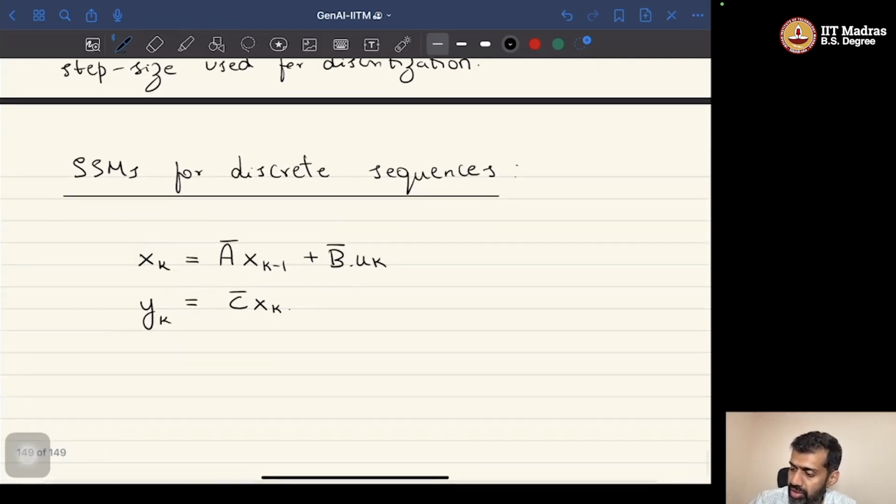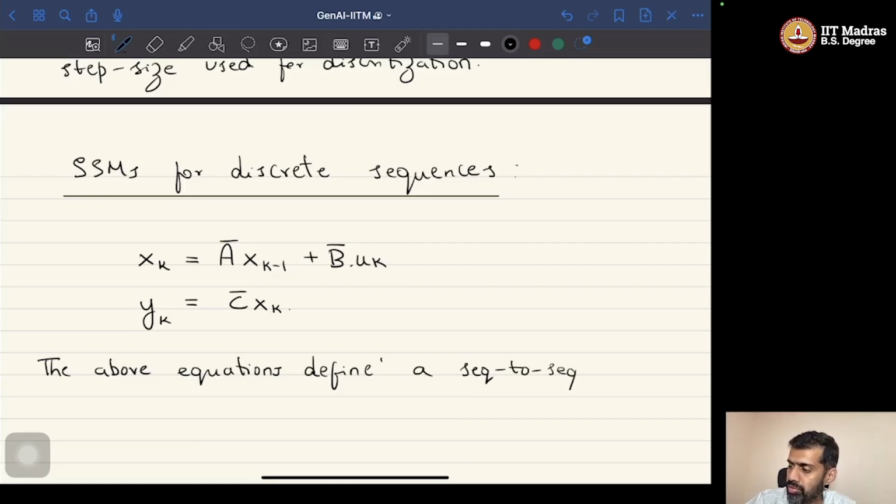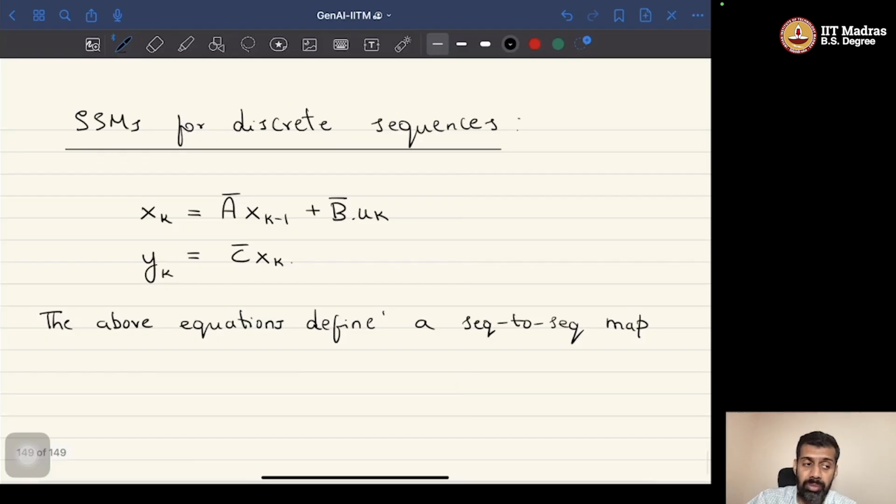The above equations define a sequence to sequence map instead of a function to function map. In the continuous time state space models, what we had was a mapping from a function u(t) to another function y(t).